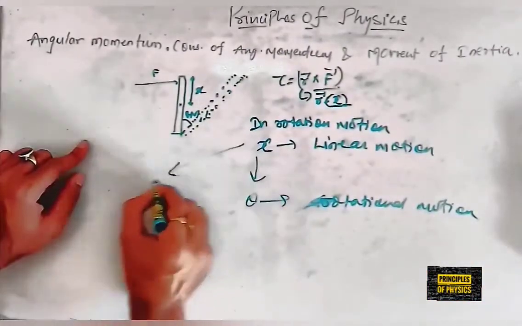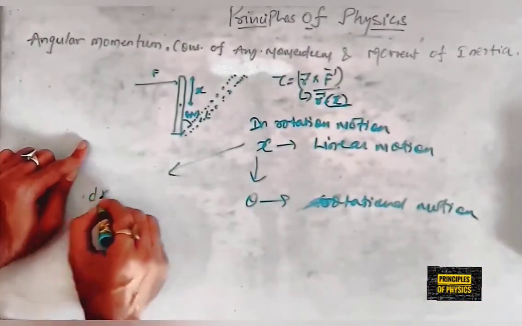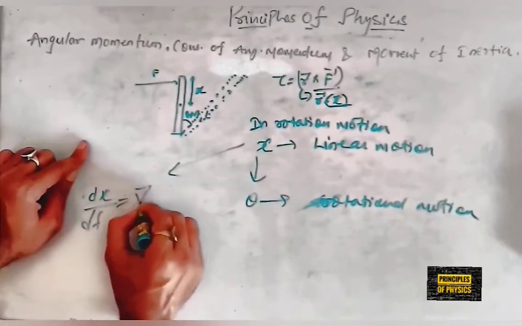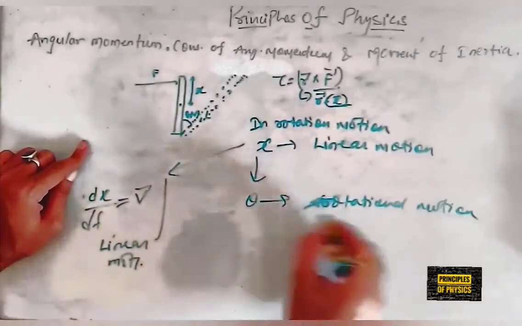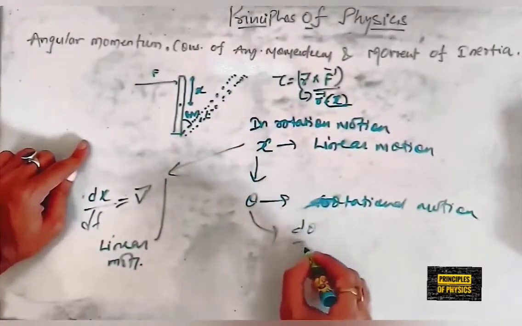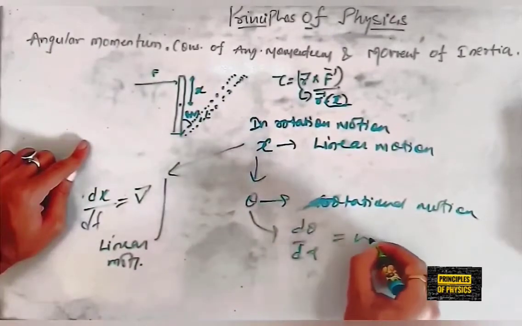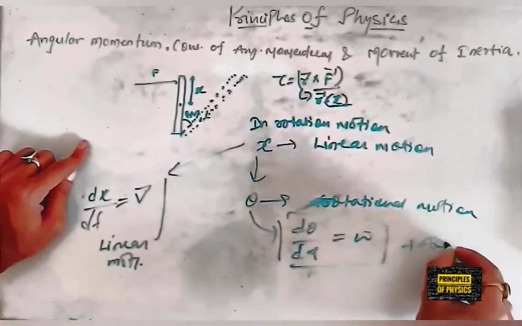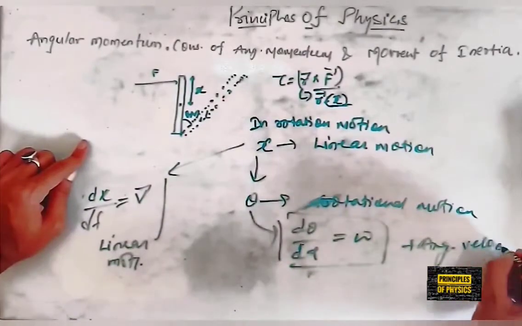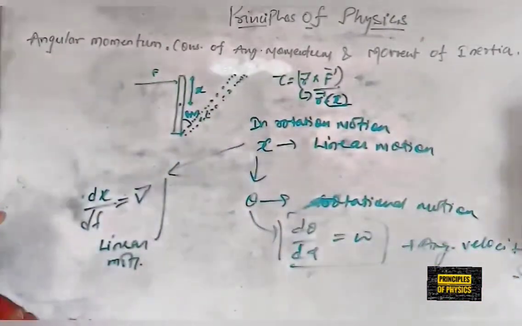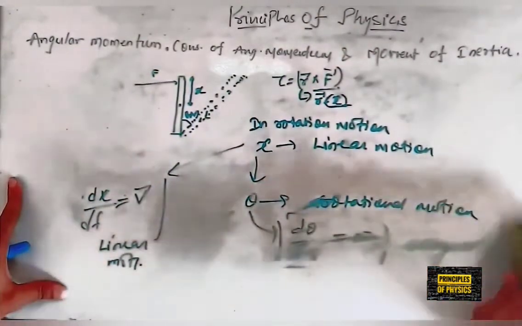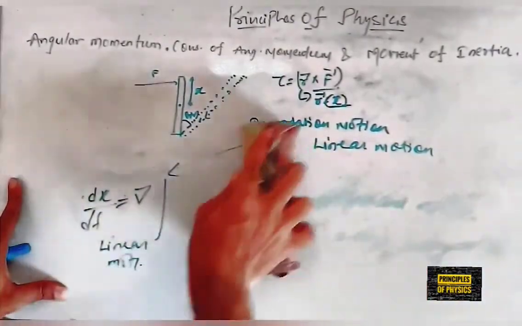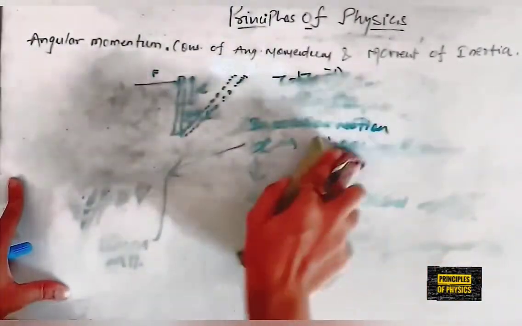And as we know, dx by dt gives v in linear motion, but in the case of rotational motion, the differentiation of theta with respect to time gives omega, the angular velocity. Due to this angular velocity, the body performs rotational motion.